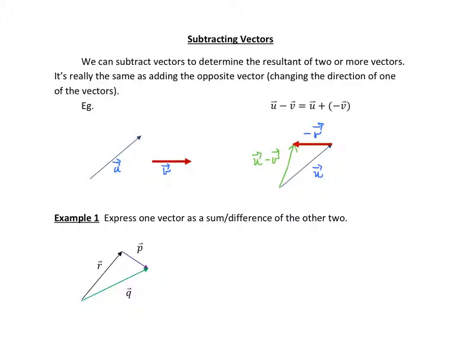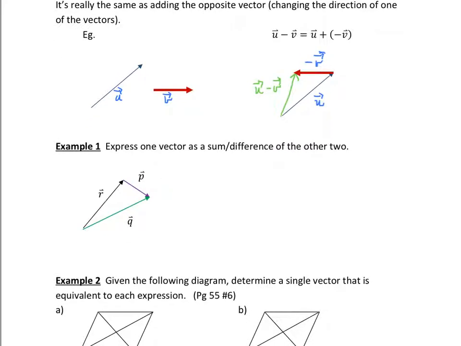In this next example, it says express one vector as a sum or difference of the other two. So we'll express it both ways: one as the sum of the other two and another as the difference of the other two. Looking at this picture, we can see that if we add vectors r and p together, we arrive at the resultant vector q.